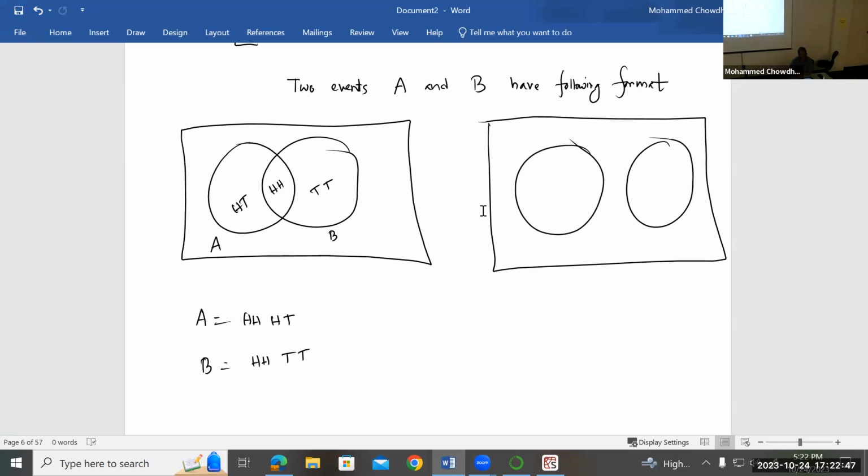And please take a look at what I am teaching. Understand? During my class time, if you do not pay attention and use your computer, that is not good. If you take notes, that's fine, but try to understand what I'm doing. This is my A and this is my B. Here A equal to HH and TT. Here B equal to HT and TH.